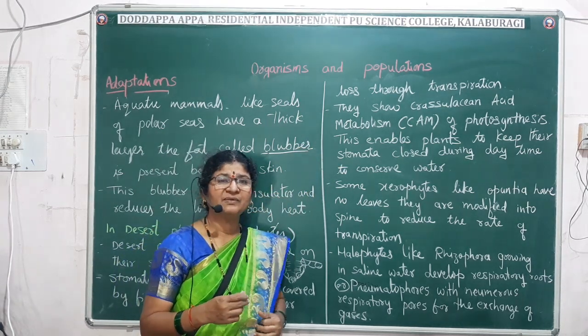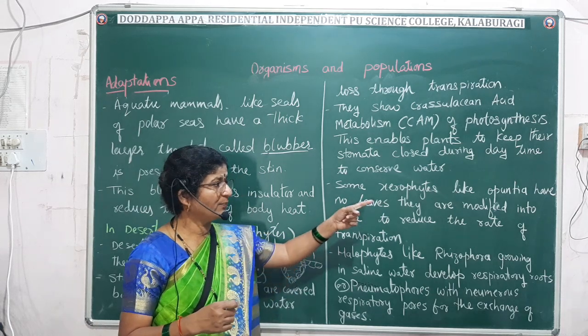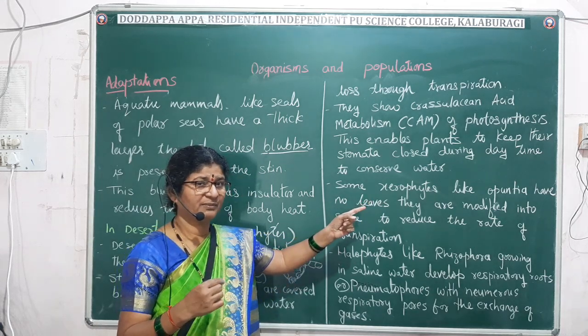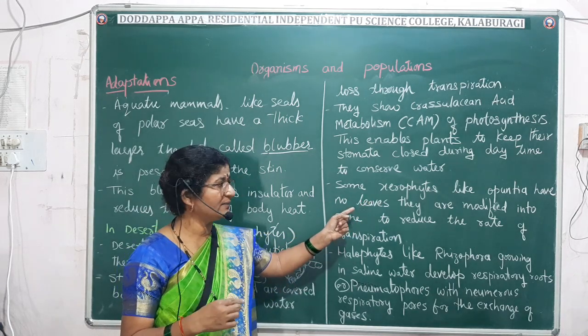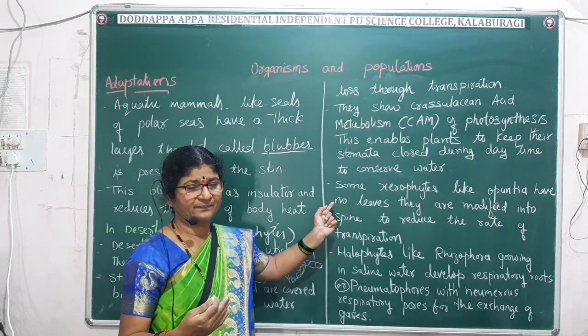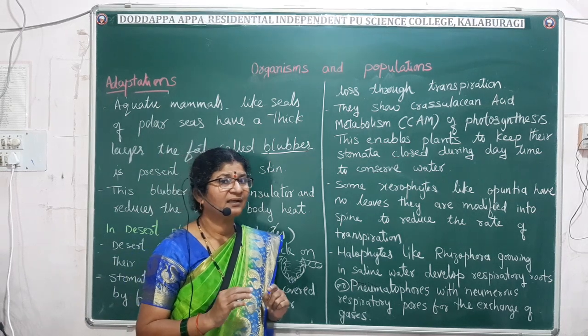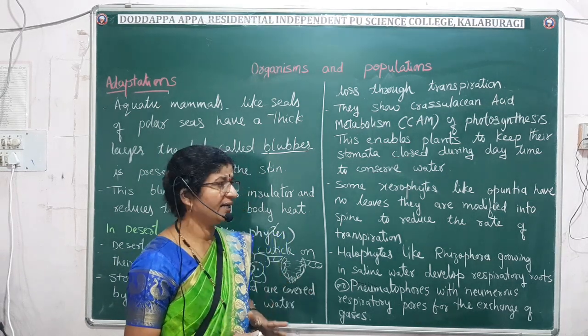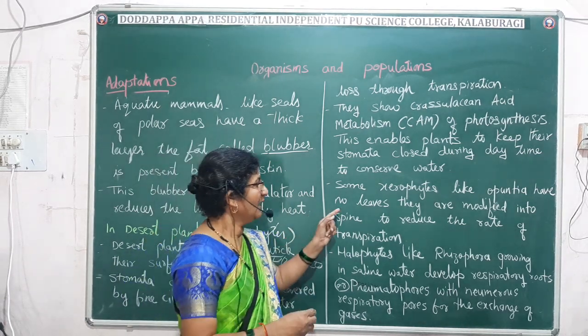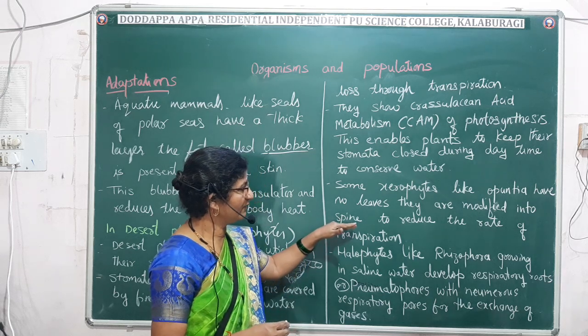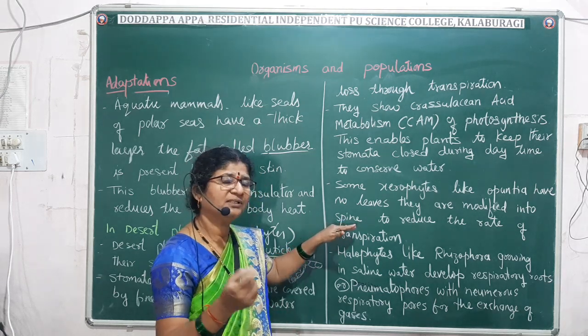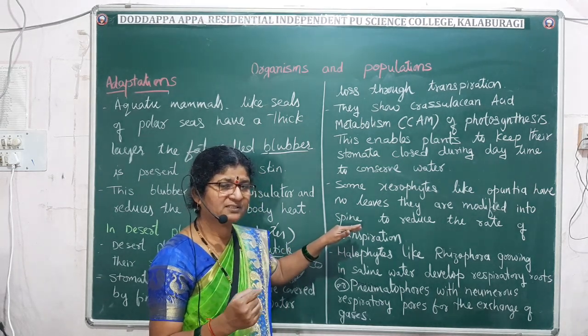And in some of the xerophytes like Opuntia, I told you that you have to remember Opuntia because we will find them commonly in our surroundings. So in Opuntia, the leaves got modified in the form of spines. The leaves got modified in the form of spines. So the stomata won't be there on the leaves, fine.